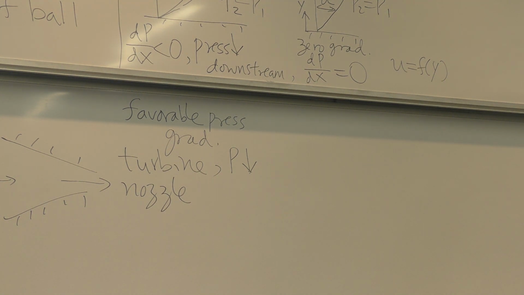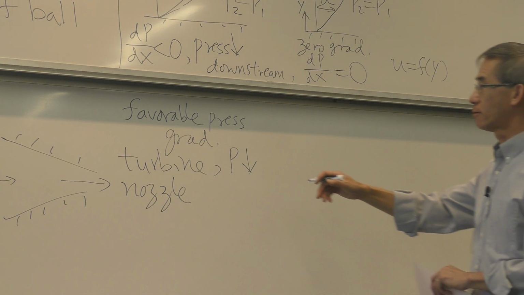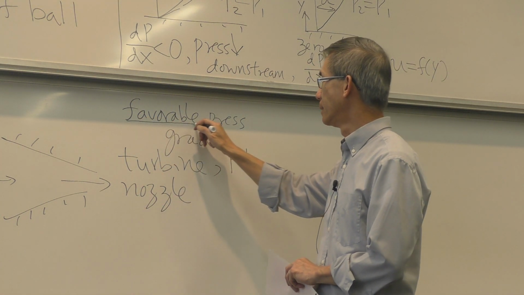So you have very high momentum fluid coming out. And how do I know in the nozzle the pressure actually goes down? Bernoulli, yeah. If you simply apply Bernoulli in the inviscid, frictionless region of the nozzle, then immediately you conclude as the velocity speeds up, pressure has to drop. So those two devices are what I call favorable pressure gradient.